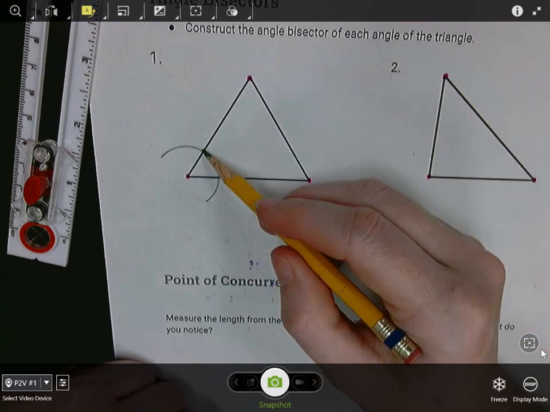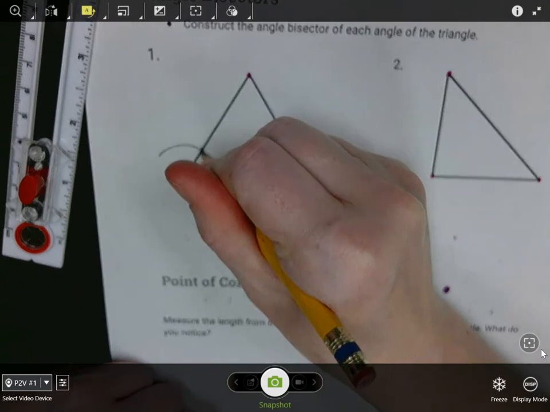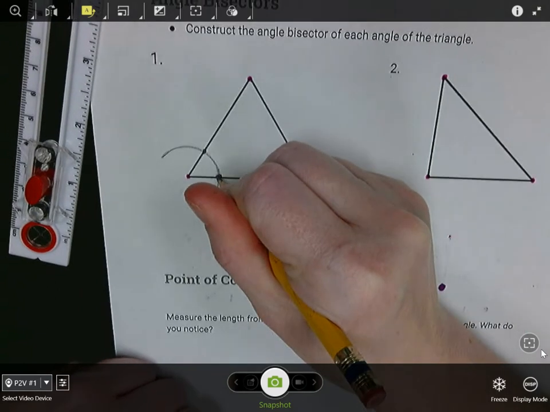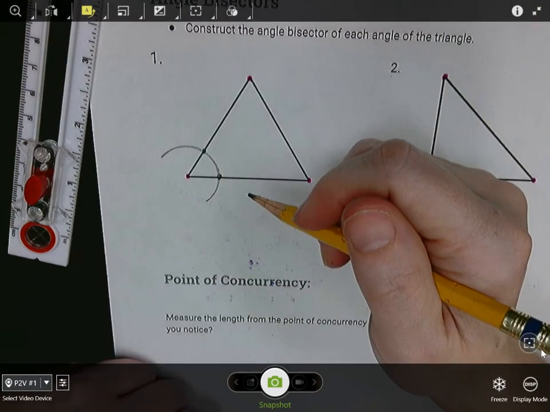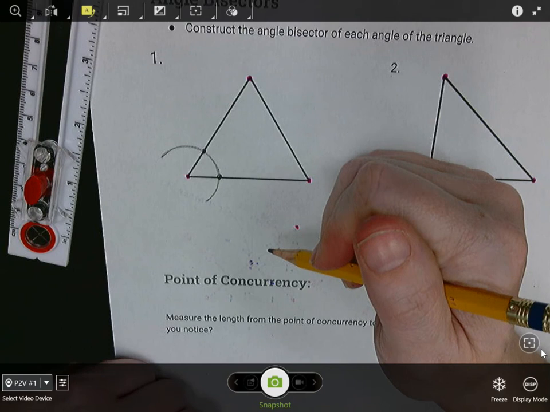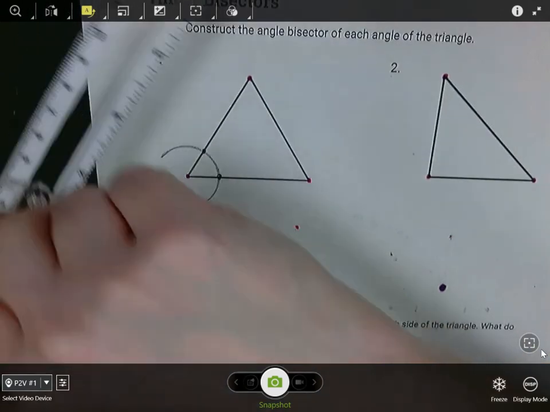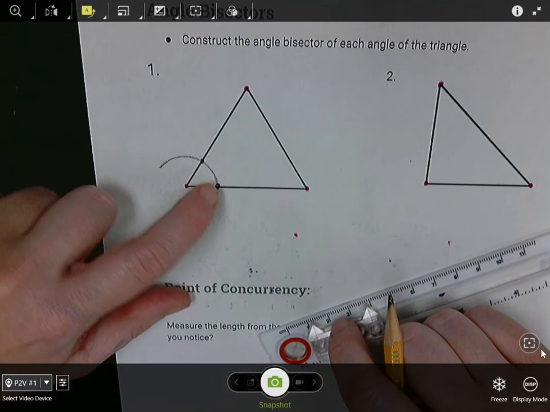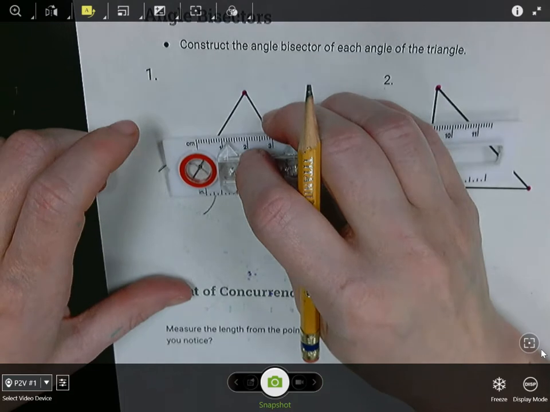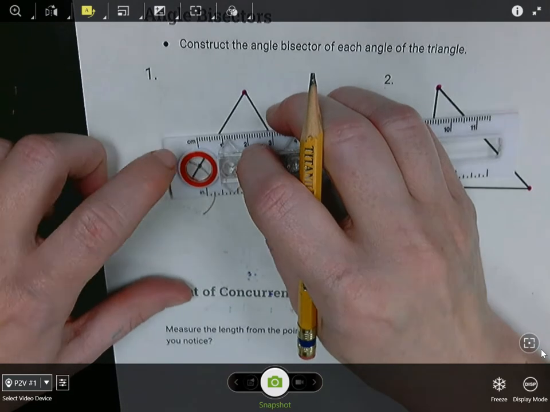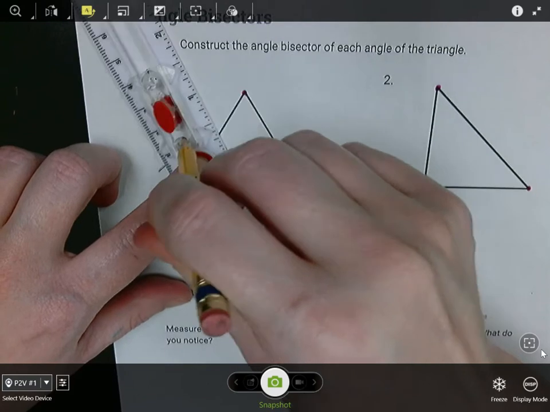Now you see these two points where they intersect? Put a point there and there, one on each where they intersect. Then you're going to do the same thing from this point and this point. Put the center of the compass on your point up here, put your finger down, put your pencil in the hole and draw an arc.